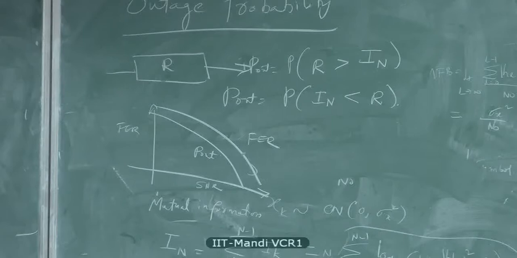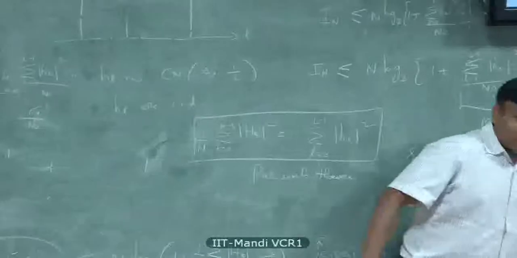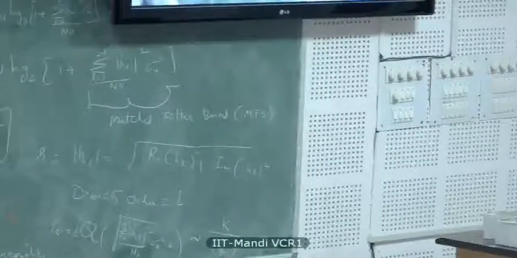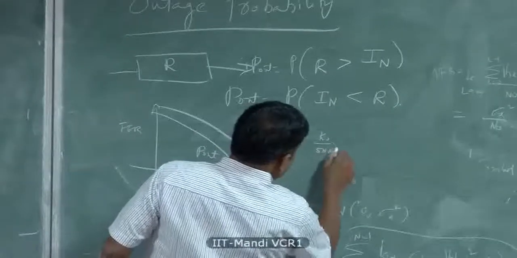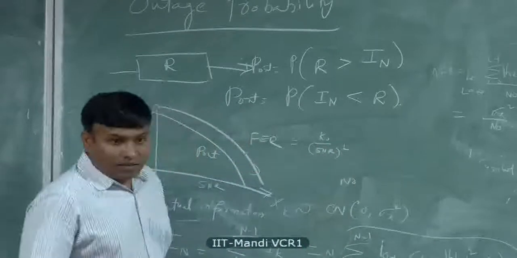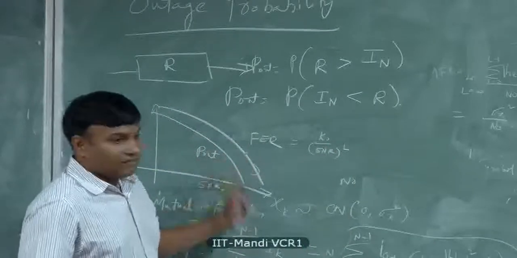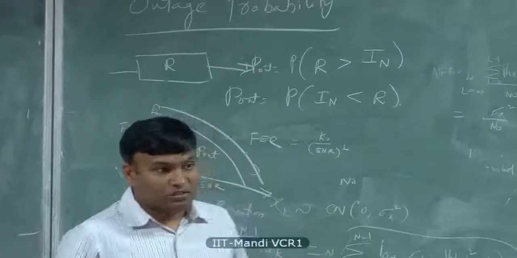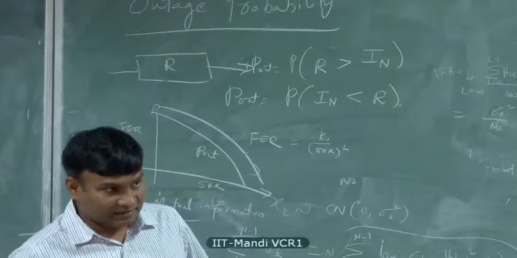Of course, this is uncoded. In the coded case also, the frame error rate will have an expression, some constant divided by SNR raised to some power L. This can be written as some K0 divided by SNR raised to some power L, and both of them have the same slope, and that slope is called the diversity order.